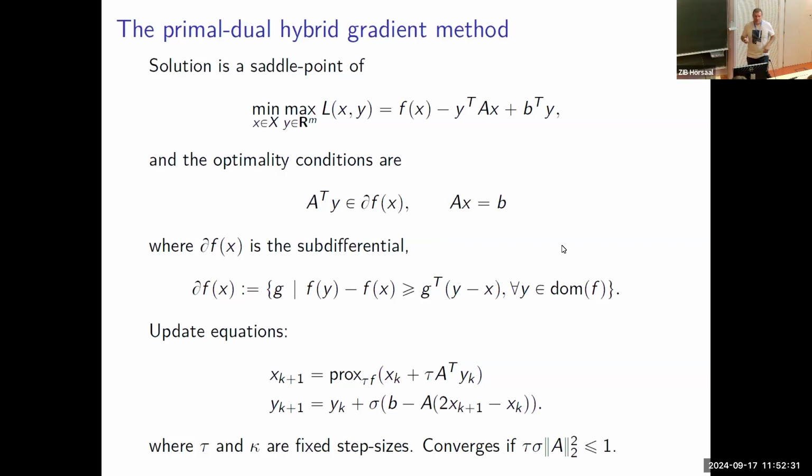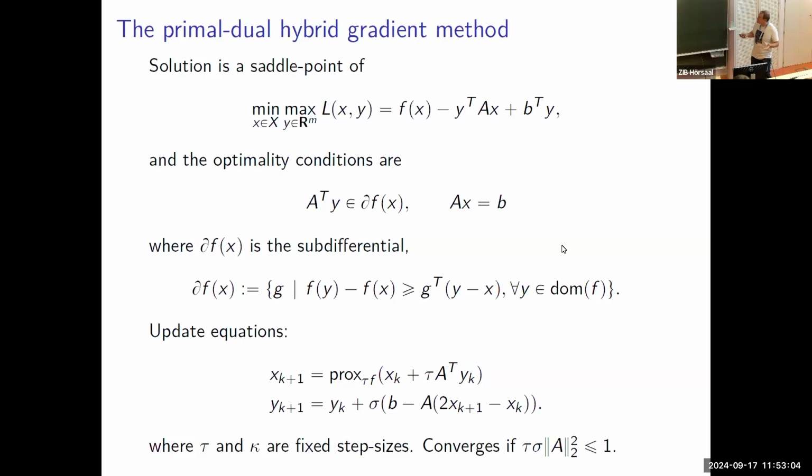All of this comes from subgradient methods, and there's a lot of theory in subgradient methods that goes back even before the 70s, and it has regained a lot of popularity. But anyway, those are the optimality conditions: Ax equals b and A transpose y is a subgradient of f, with the usual definition of the subdifferential.